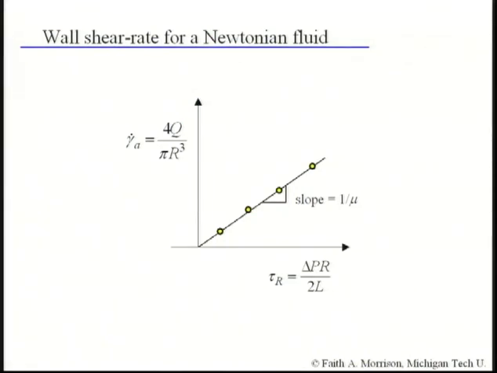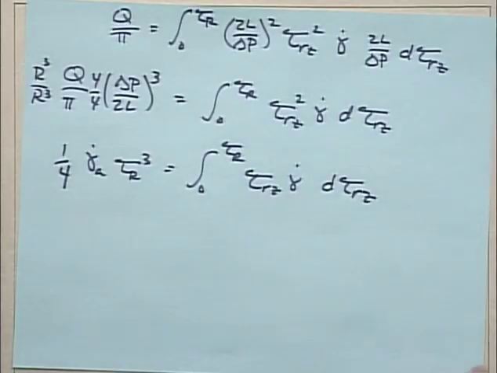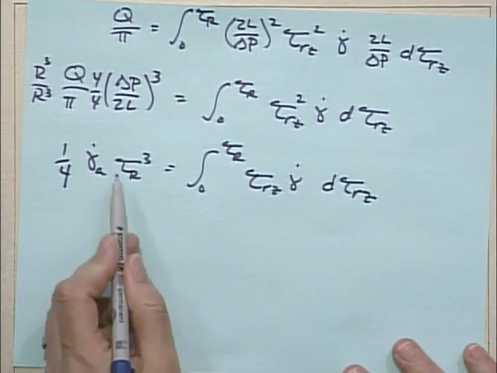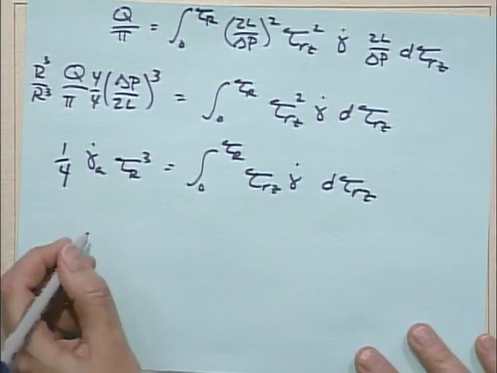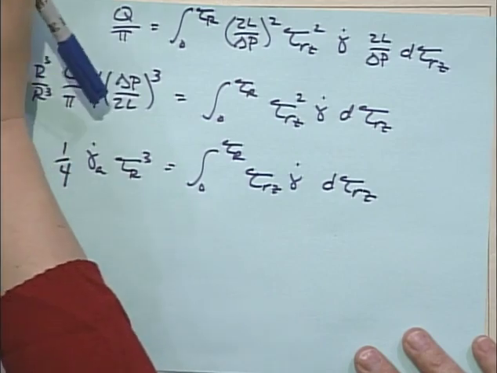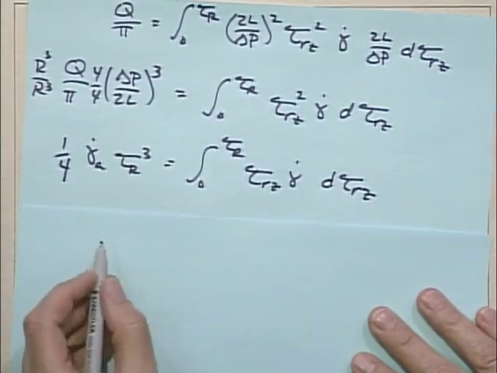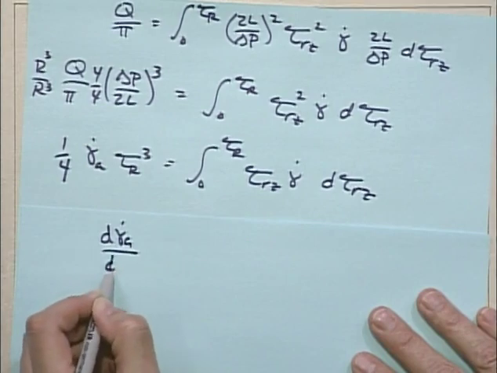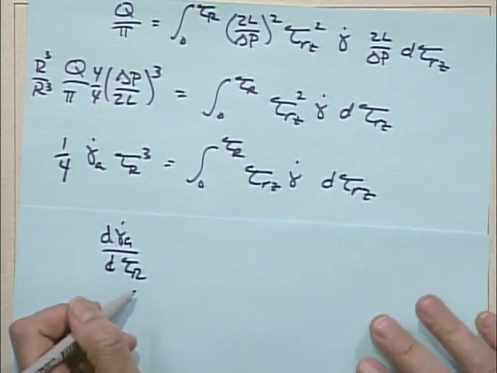The next step is totally unintuitive, really, but maybe the brilliance of Weissenberg and Rabinowitsch. What they said was, well, let's take the derivative of this expression with respect to tau R. And the idea is that the term d gamma dot apparent d tau R is going to appear when we take that derivative.